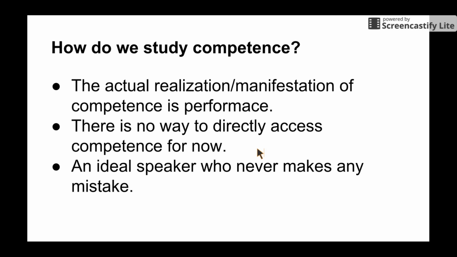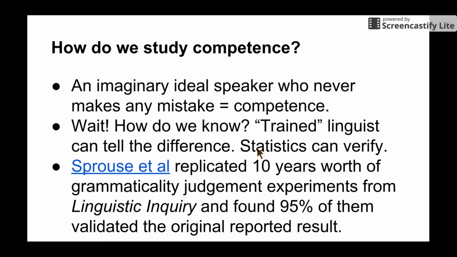And for Chomsky, his idea is that we are going to imagine an ideal speaker who never makes any mistake. Then it means that his performance will be very close to the actual competence. Okay, but wait a minute, an imaginary ideal speaker who never makes any mistake?